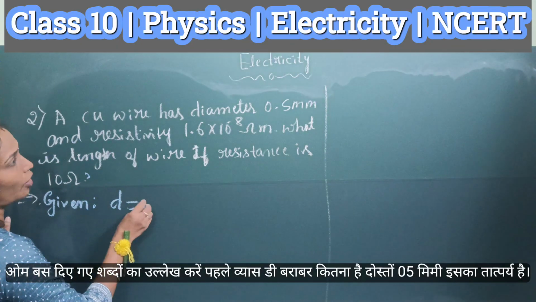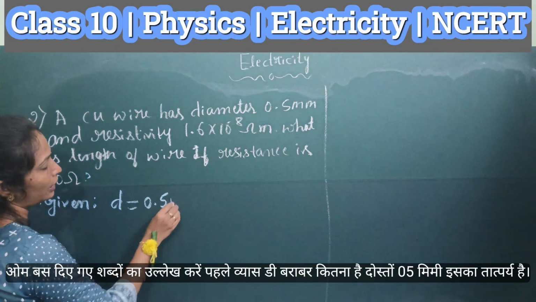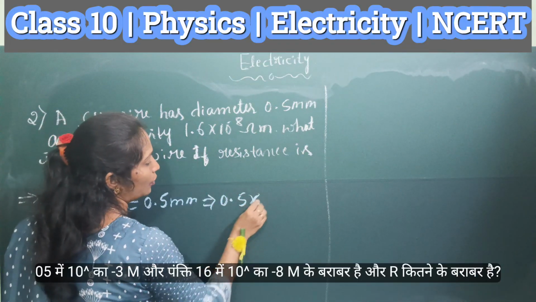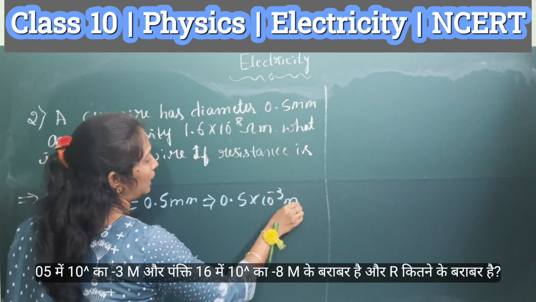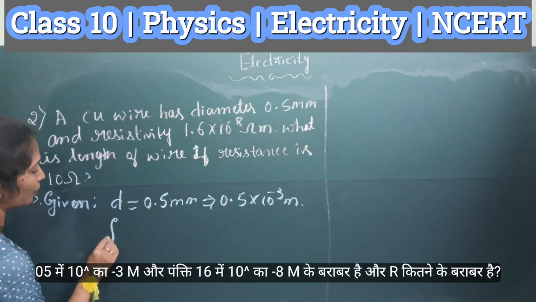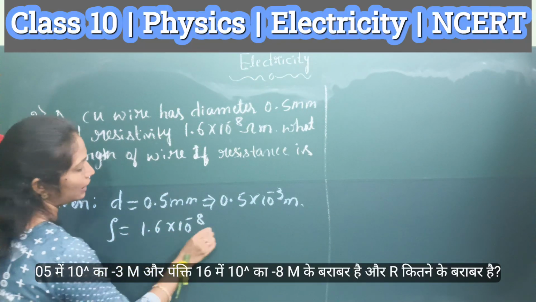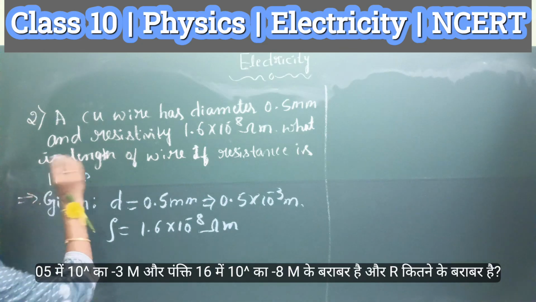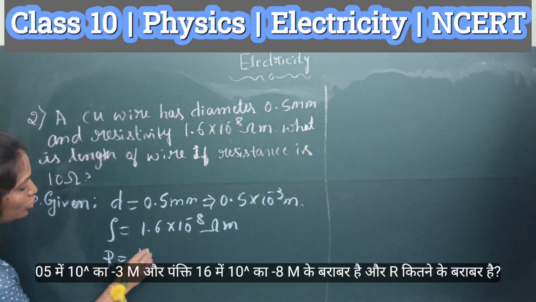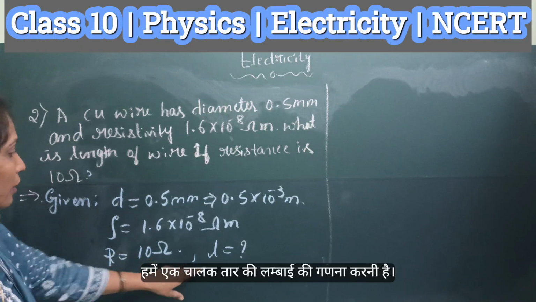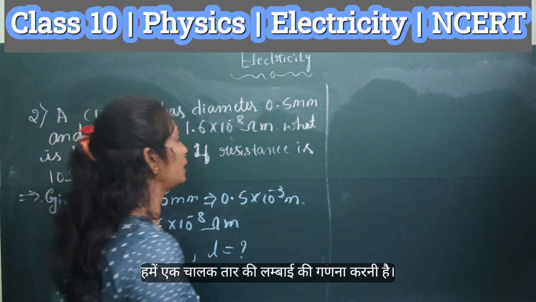Diameter d is equal to how much guys? 0.5 millimeter. It implies 0.5 into 10 to the power of minus 3 meter. And rho is equal to 1.6 into 10 to the power of minus 8 ohm meter. And R is equal to how much? 10 ohm. In this problem, we need to calculate the length of a conducting wire.